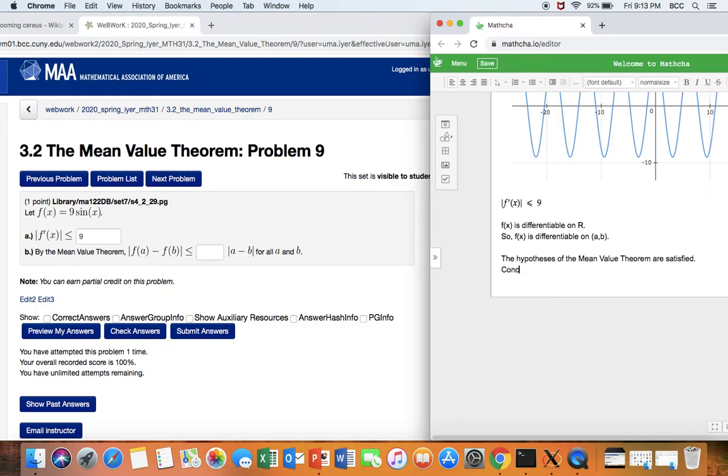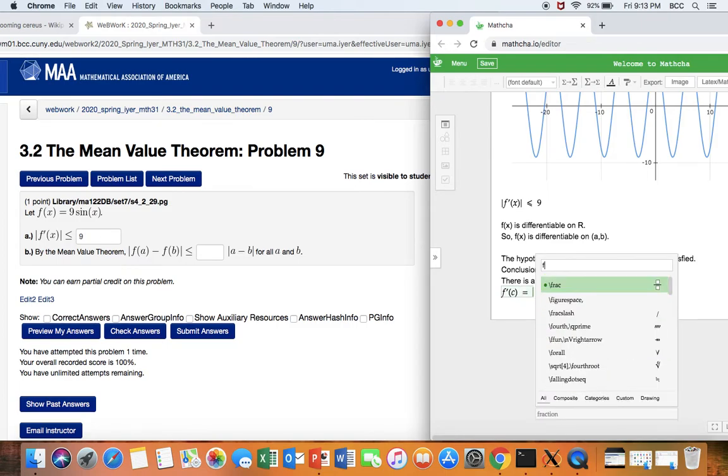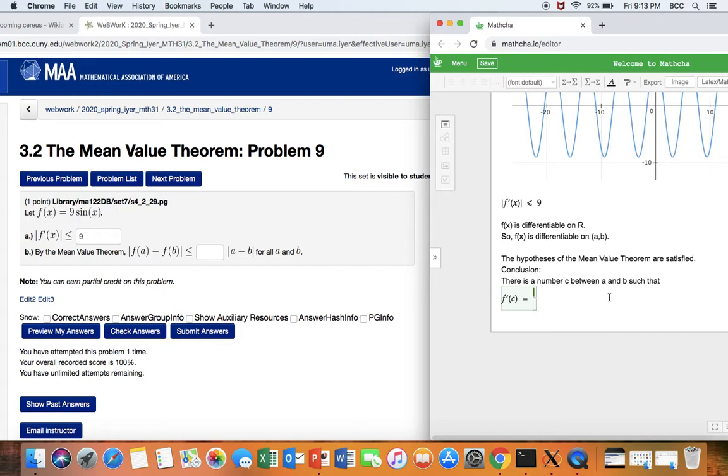So the conclusion: there is a number c between a and b such that f prime at c is the fraction (f(b) minus f(a)) over (b minus a). This is okay.